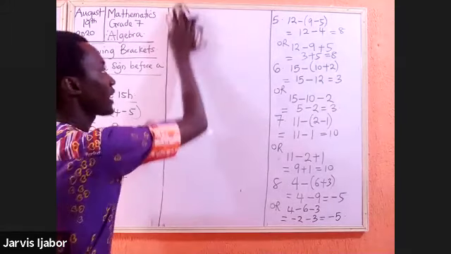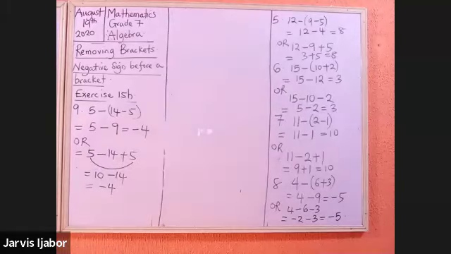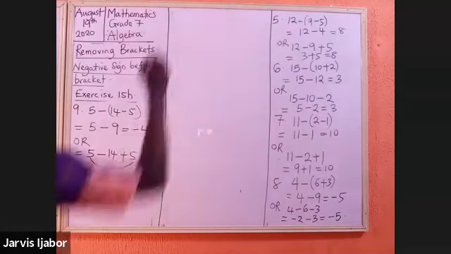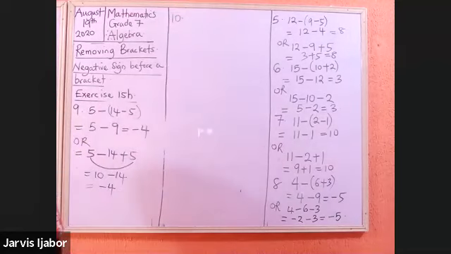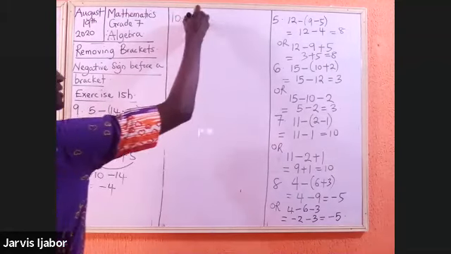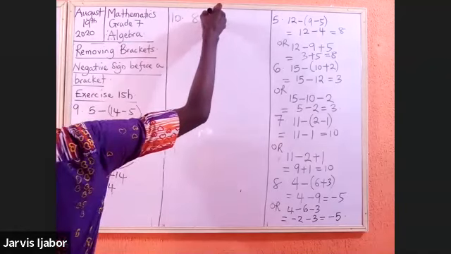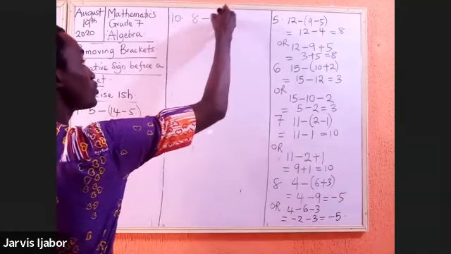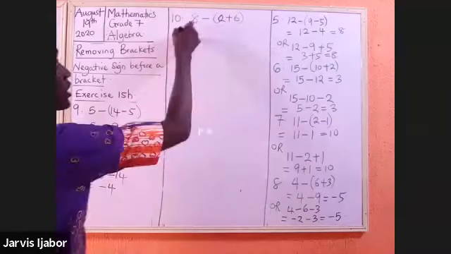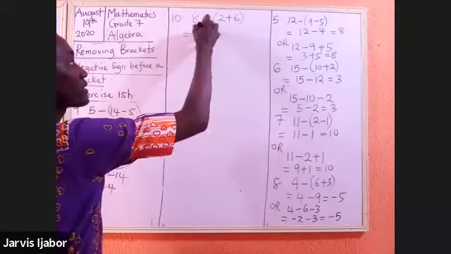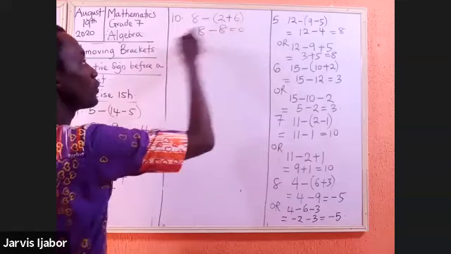So the last question here will be question 10. And in question 10, we have 8 minus 2 plus 6. This will give me what? 8 minus 8, which will be 0.